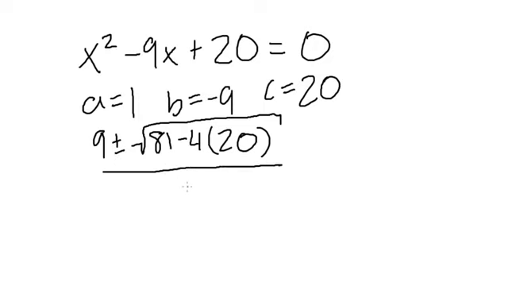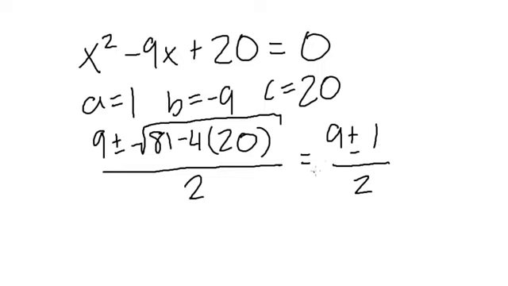So 2a here is just 2, and all of this simplifies to 9 plus or minus the square root of 81 minus 4 times 20. Well, 4 times 20 is 80, and then 81 minus 80 is just 1. So the square root of 1 is just 1, over 2. So we can get 9 plus 1 over 2, or 9 minus 1 over 2.